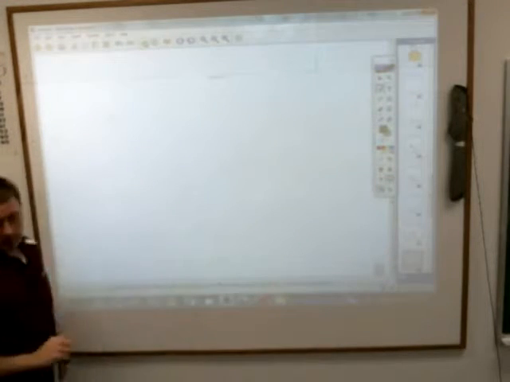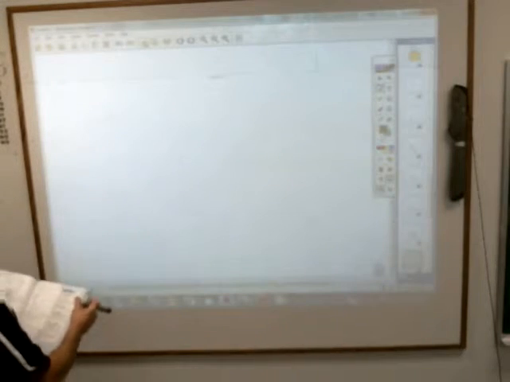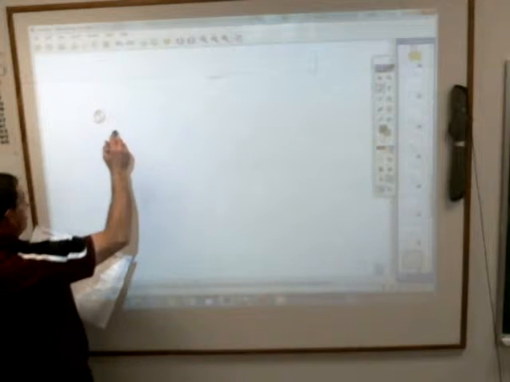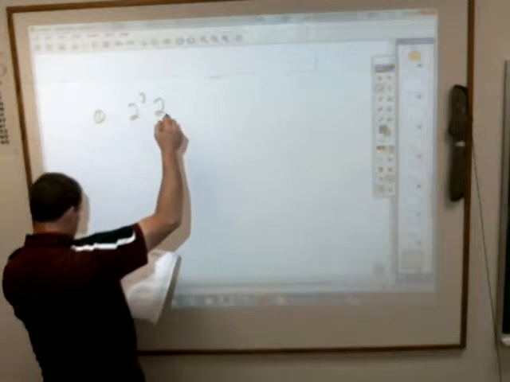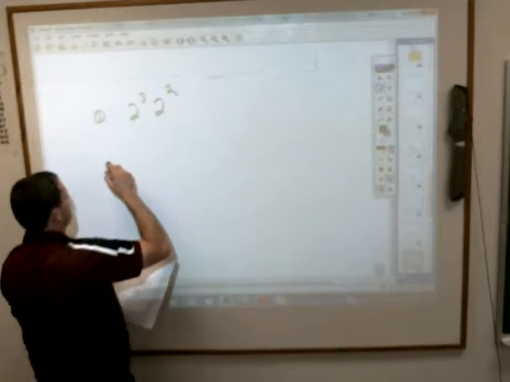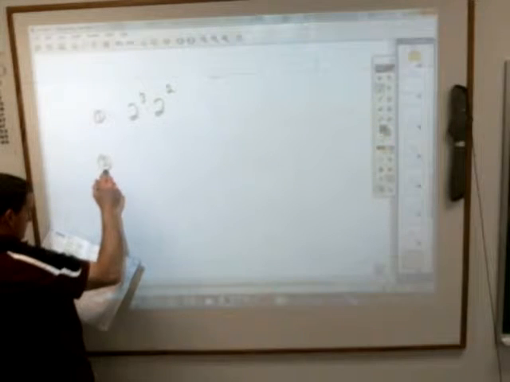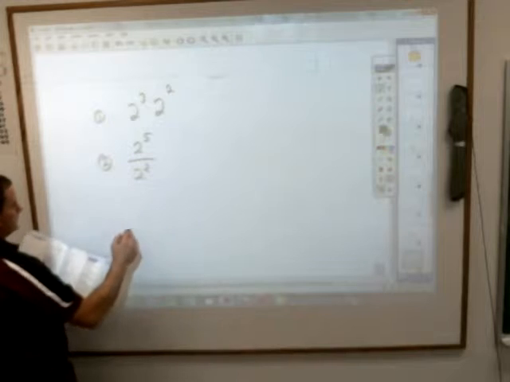Let's jot all of these down here. I'm going to stick up here a slew of problems. Number one, let's go with 2 to the third power times 2 to the second power. Number two, let's do 2 to the fifth power over 2 to the third power.